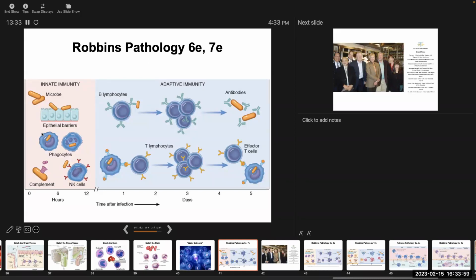So there's a monocyte or a macrophage over here on the left with this kind of kidney bean nucleus. There's a neutrophil here that has the trilobed nucleus. There's a natural killer cell down here. And then we've got lymphocytes, B lymphocytes and T lymphocytes. And someone who's actually studying pathology would recognize the differences in these cells just based on the size and shape of the nucleus.